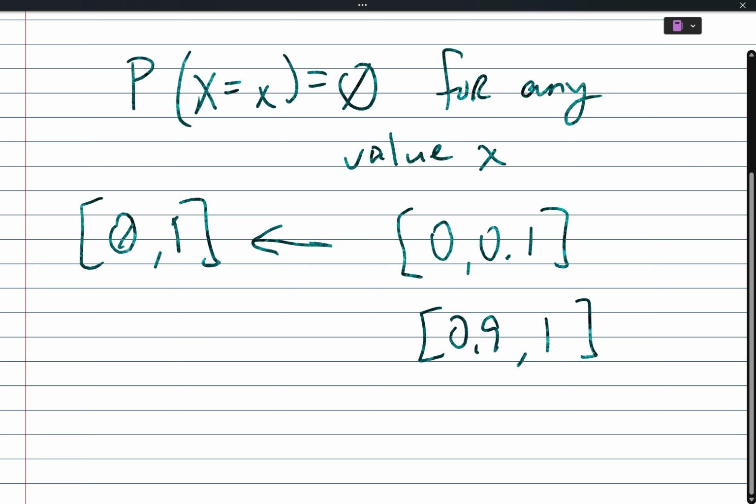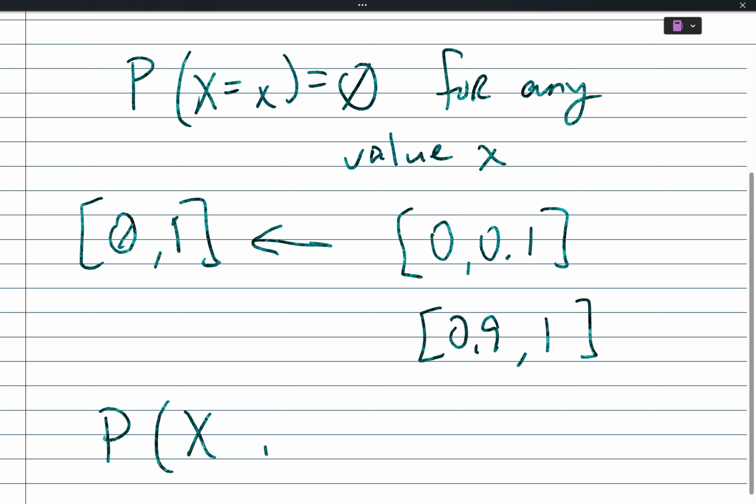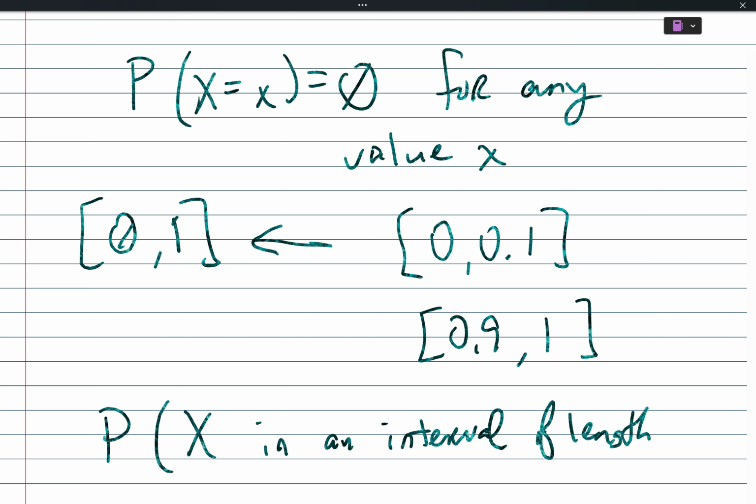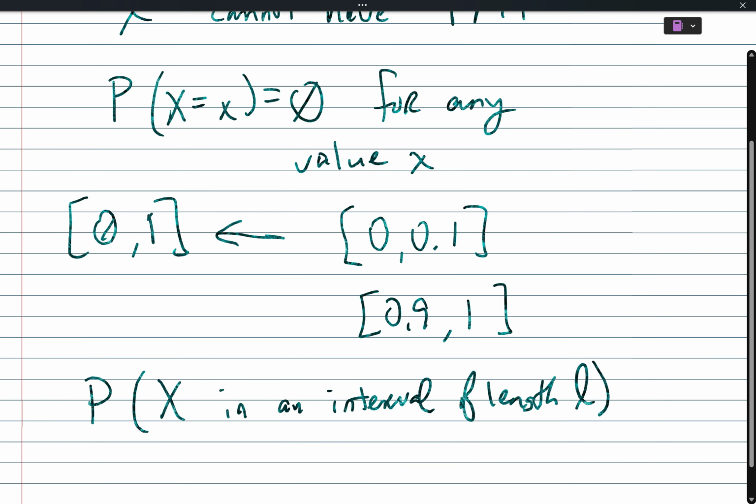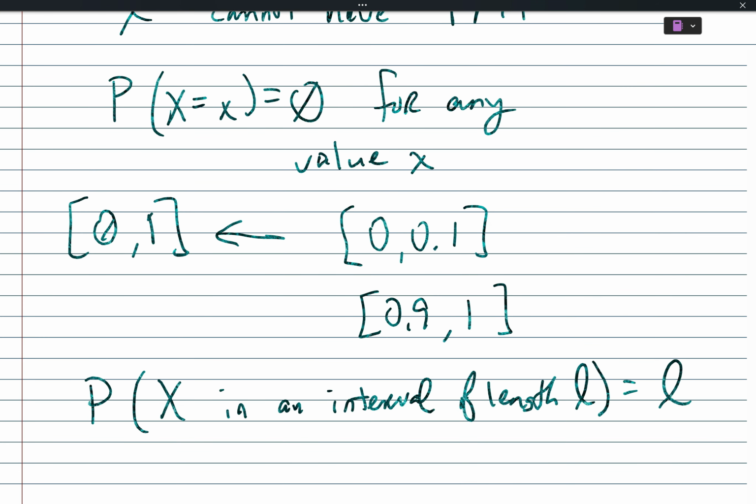This implies that the probability of X being in an interval of length L equals L.